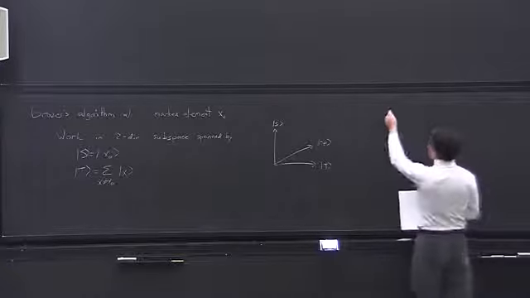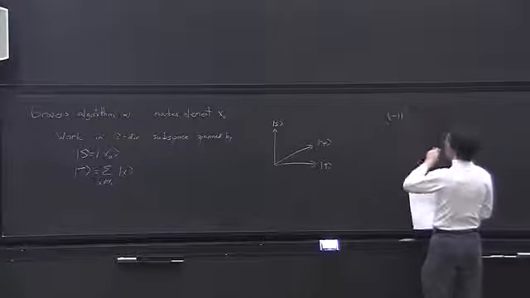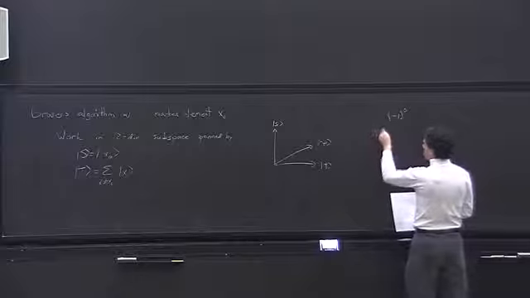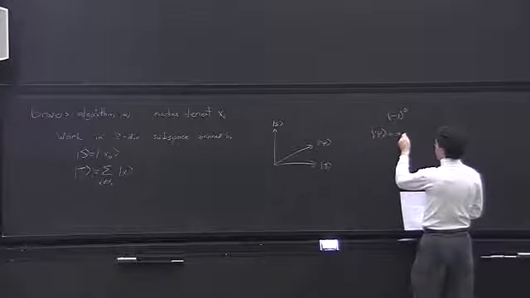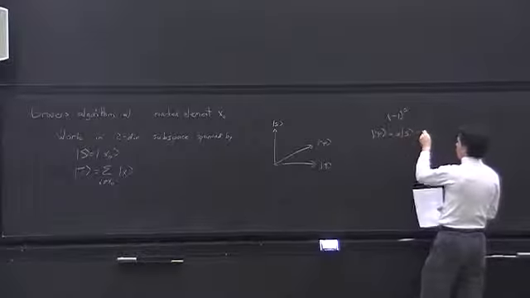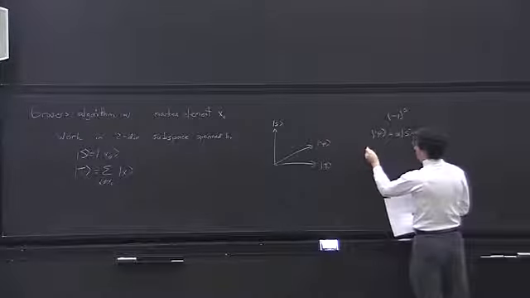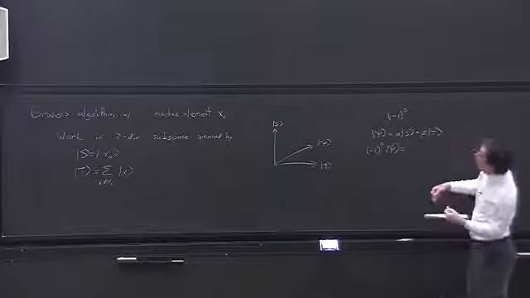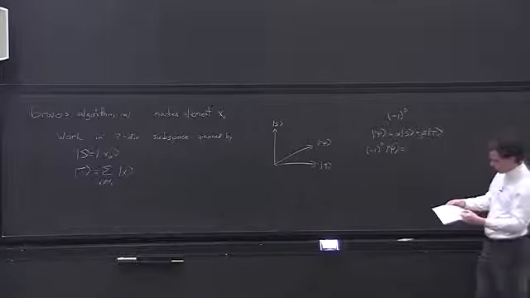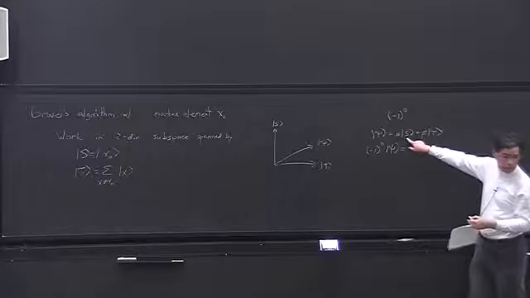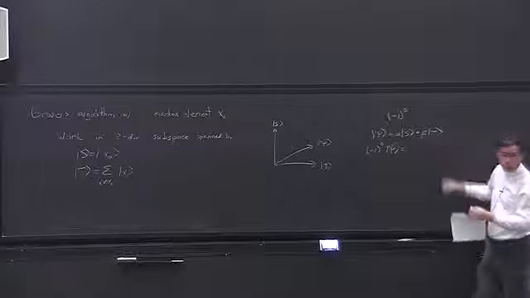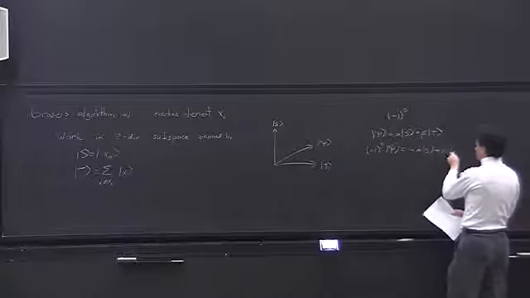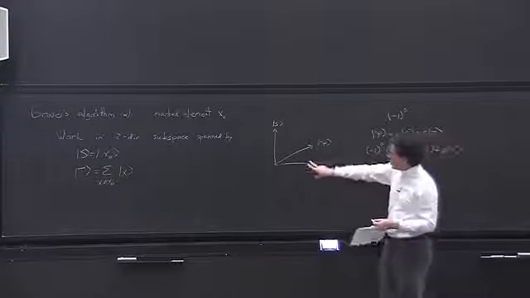You can call it (-1)^O. If psi is equal to alpha S plus beta T, then (-1)^O applied to psi gives us a sign of -1 for S and +1 for T. So this will be minus alpha S plus beta T. And what is that going to be in this picture?